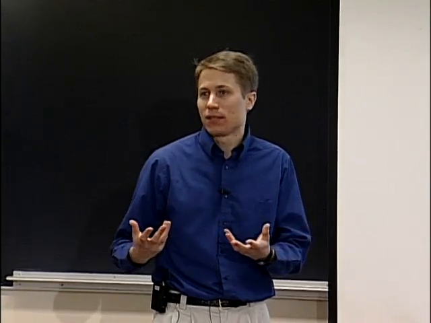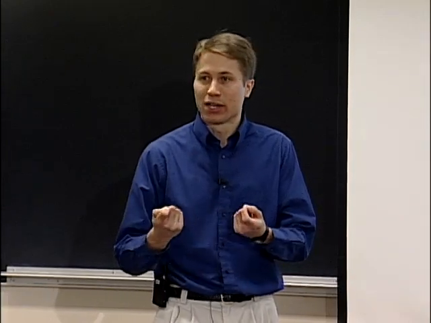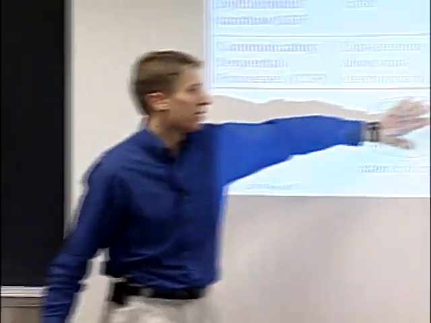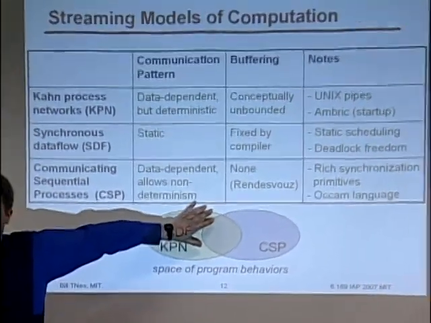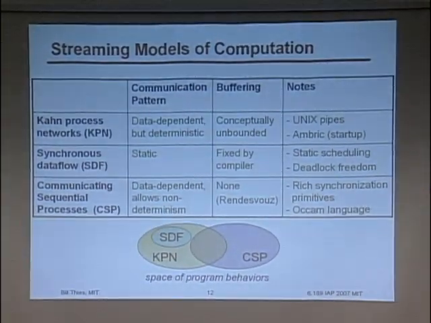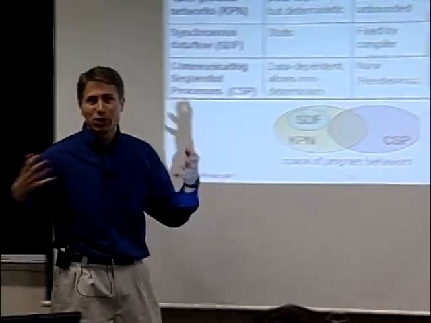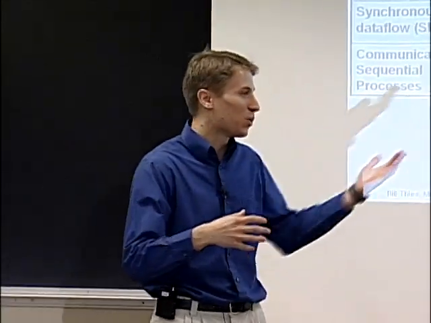Right. So CSP is usually associated with rendezvous communication. That's the set of programs that fit inside Kahn process networks. It's any communicating model where you basically have no buffering between the processes. Now, the piece that sits outside is usually lumped with CSP, or especially with Occam.